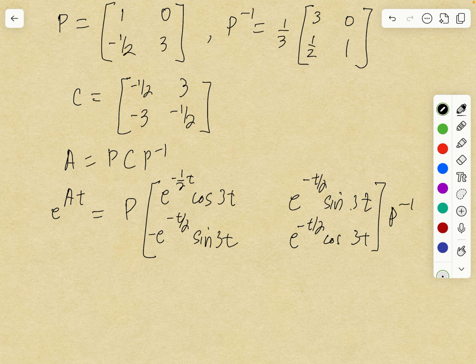And you're also given initial conditions. So the initial conditions, if you calculate e to the At and plug in 0, you just get the identity matrix.